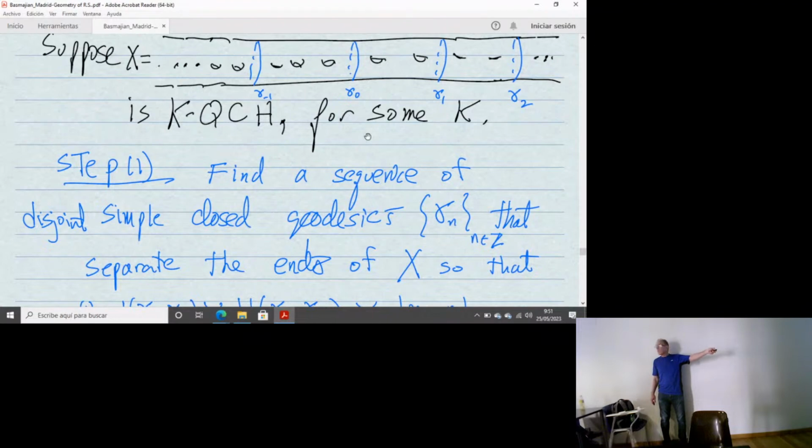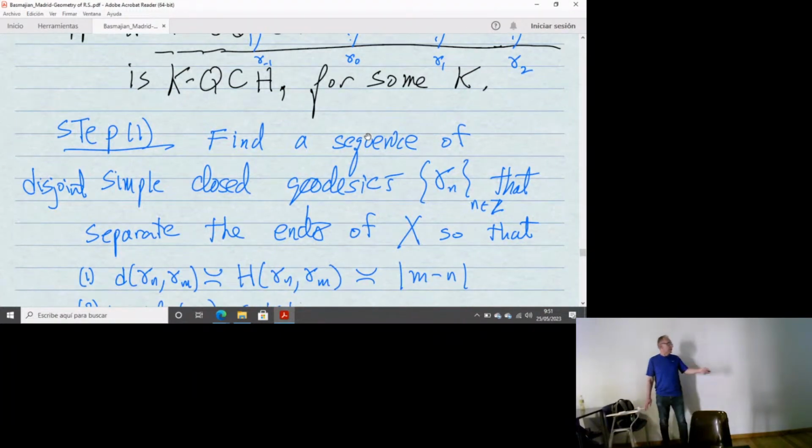So you take some simple curve here, look at the geodesic in that class, and now go far enough away, and then map it by one of the QC maps that takes, say, this point to a point over here. Then the image of this geodesic, you straighten it out to a geodesic, and because these are K-QC and by the properties of QC maps, there's a certain bound to this distance, both above and below, and that's what I've written here. This is the hyperbolic distance between these two.